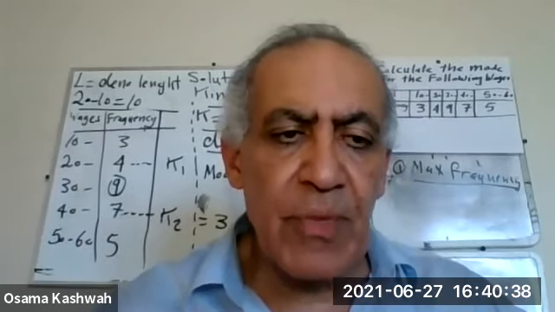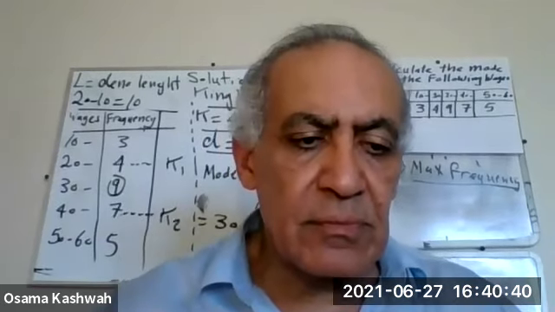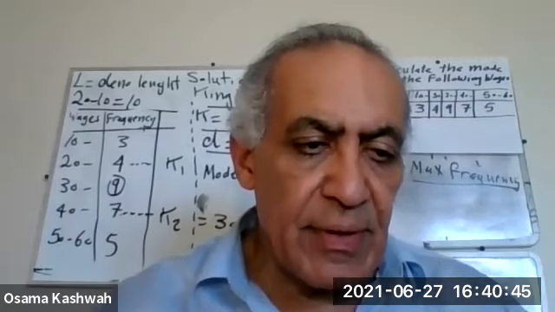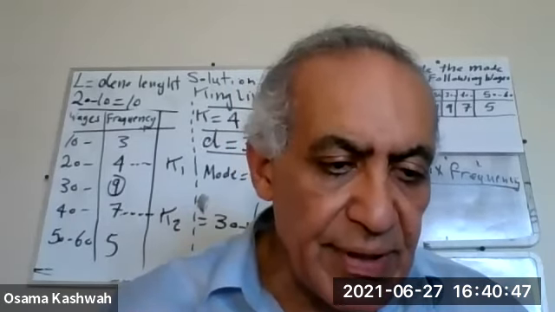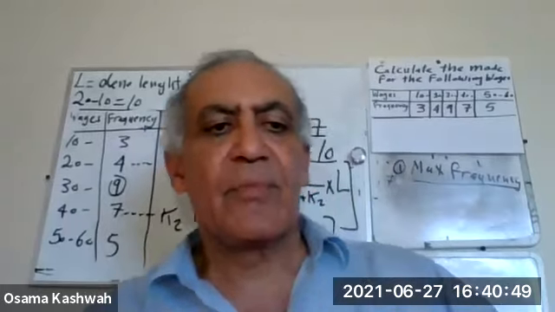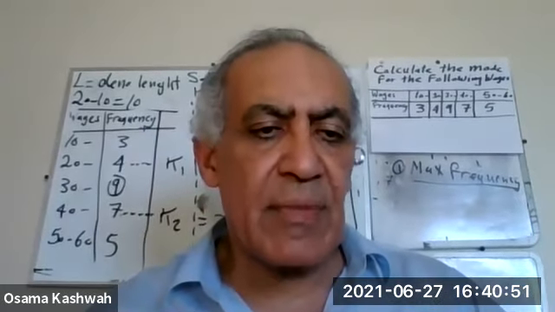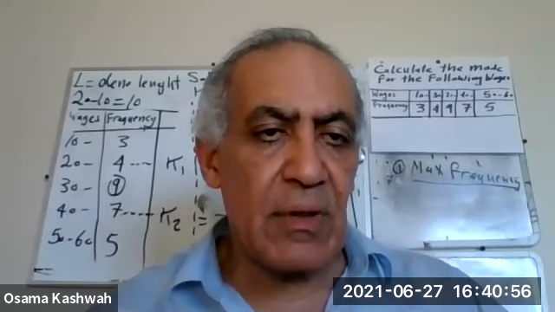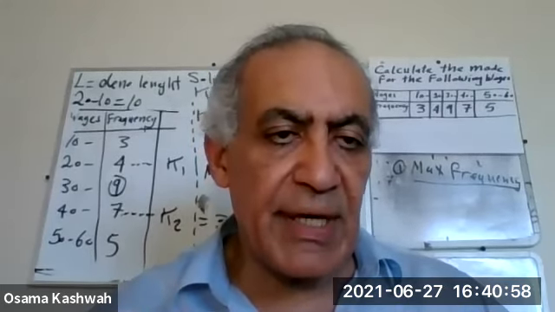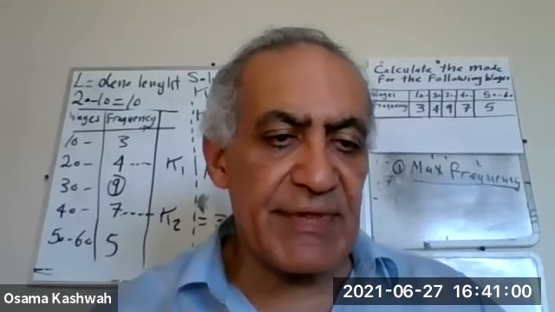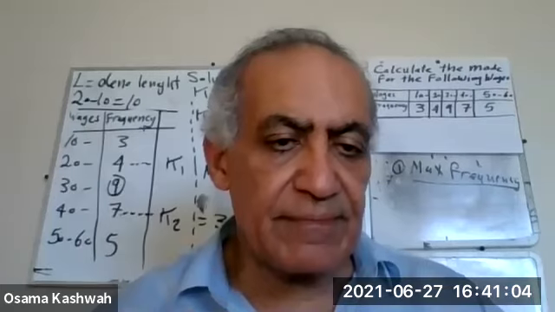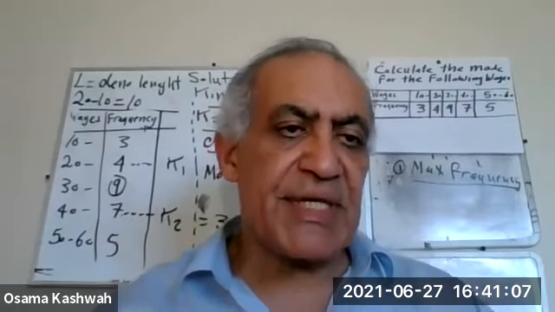We need the calculator. 70 divided by 11 equals 6.36.